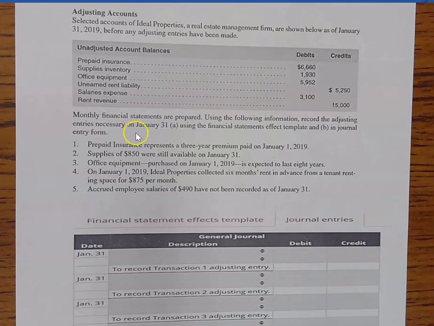It might help you. All right, so monthly financial statements are prepared. This is important because if we're not doing it monthly, we don't have to make adjusting entries monthly. As we go through these, some of these entries we could make automatically in our software, and others we couldn't.